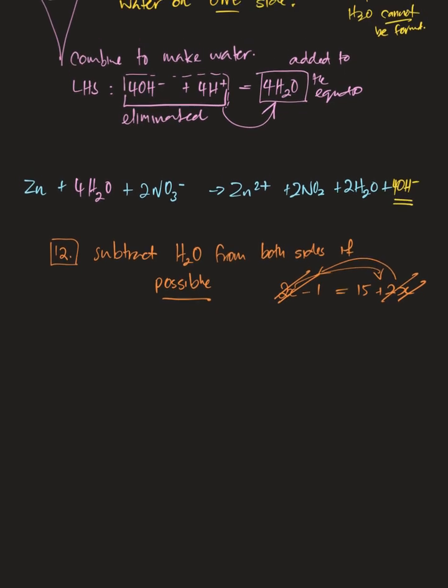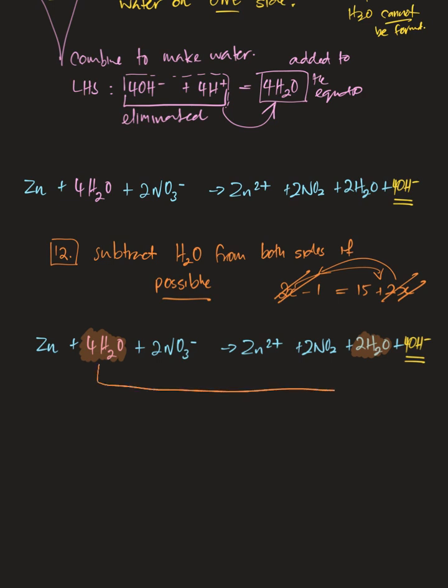Right. So when I'm looking at this situation, I'm just going to copy and paste this and bring it down here. I need to subtract the waters, don't I? On this side I've got 4H2O, and on the other side I've got 2H2O. So all I'm going to say is 4 minus 2, which leaves me with 2.